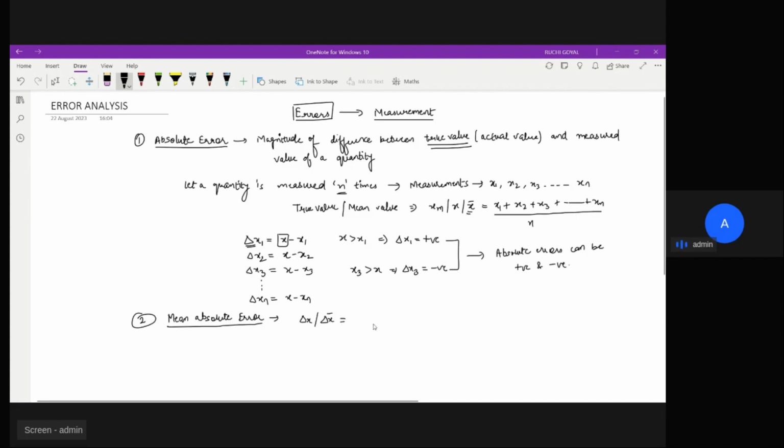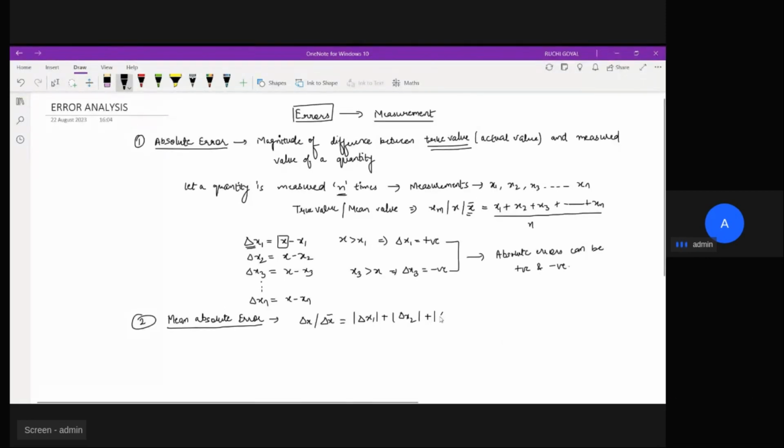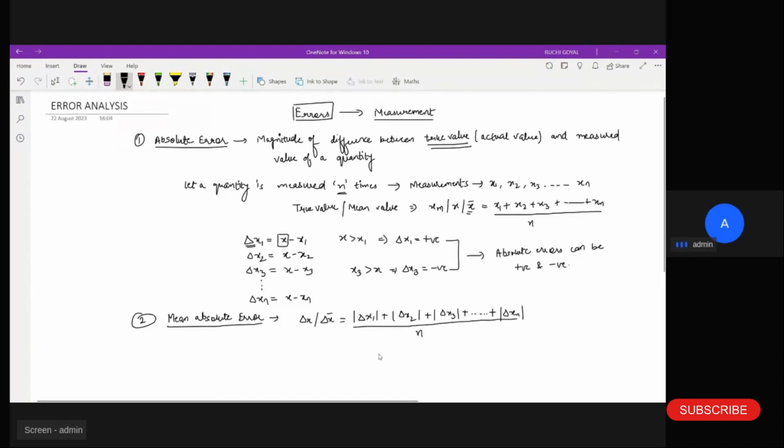It is equal to the magnitudes of all the absolute errors, delta x1 magnitude, delta x2 magnitude, delta x3 magnitude, and so on, delta xn magnitude, divided by total number n. So how is mean absolute error calculated? It is the sum of absolute errors divided by total number of observations.